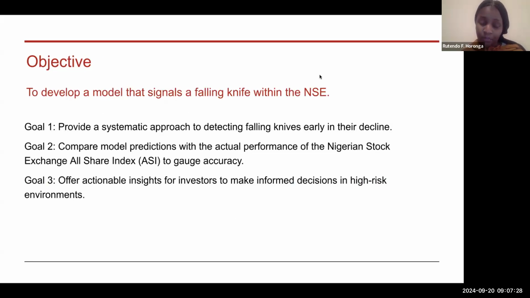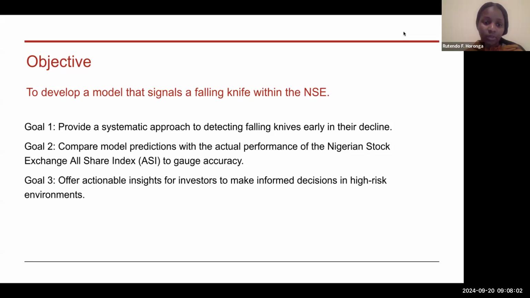Our main objective is to develop a model that signals that a falling knife is happening within the Nigerian stock exchange market. We cannot predict that it will happen, so we can only signal if it is currently happening. The first goal is to provide a systematic approach to detecting that a falling knife is early in its decline.